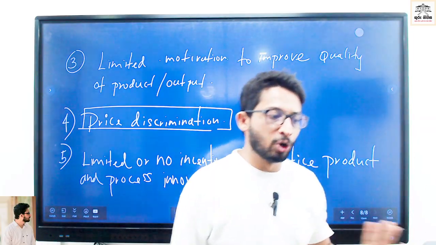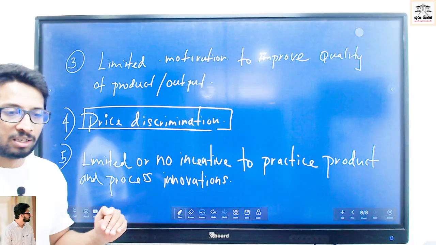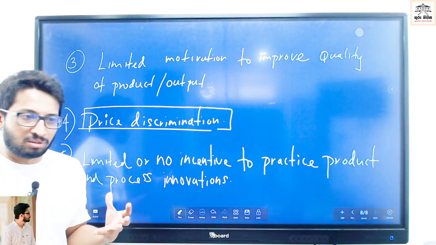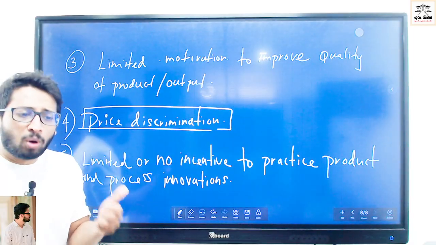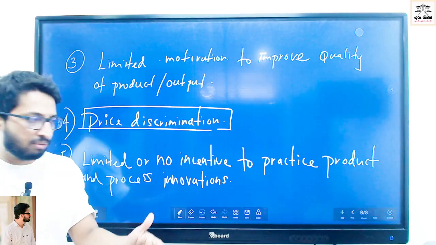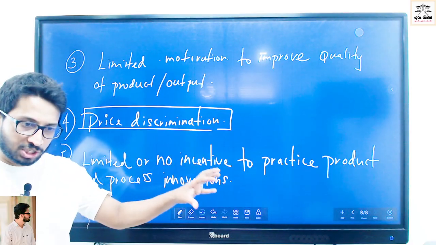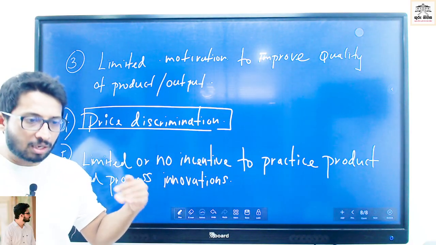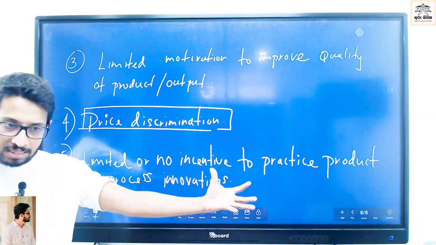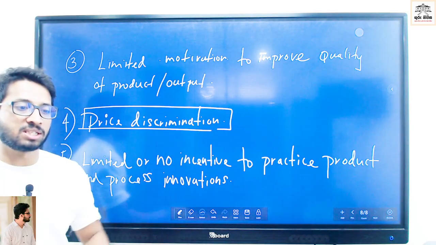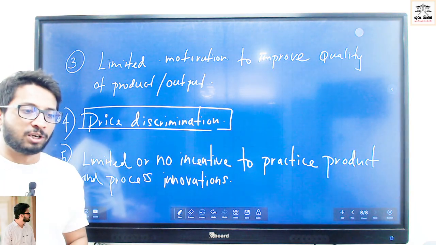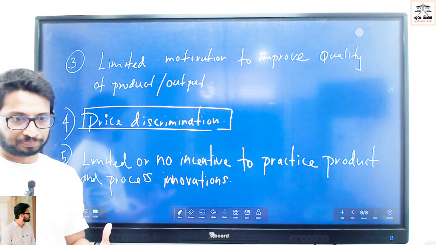The reason is no competition. The firm thinks, why should I spend more money on research and development? Innovation and new products come through research and development, so firms have to invest in it to find something new.